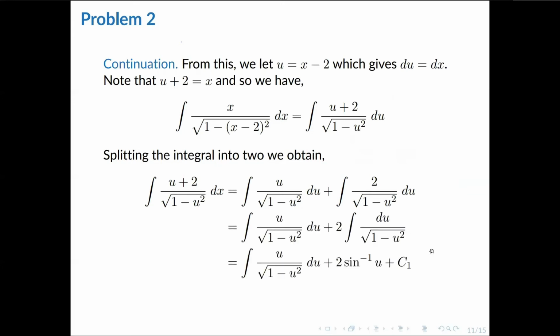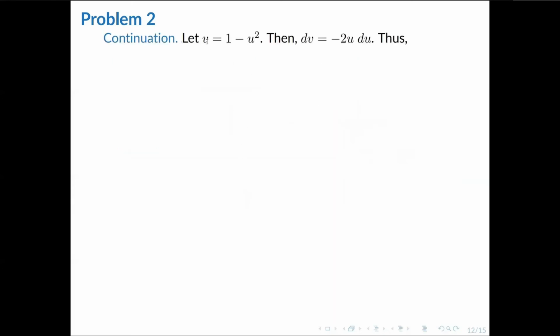So this is equal to 2 sine inverse u plus an arbitrary constant c1. So for the integral of u all over square root of 1 minus u squared du, we let another variable v be equal to 1 minus u squared, so that dv is equal to -2u du.